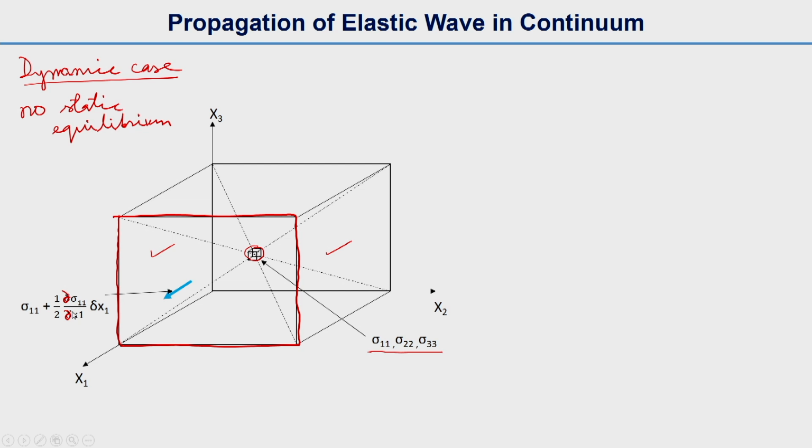So because this is our delta x1, this is delta x2, and this is our delta x3.